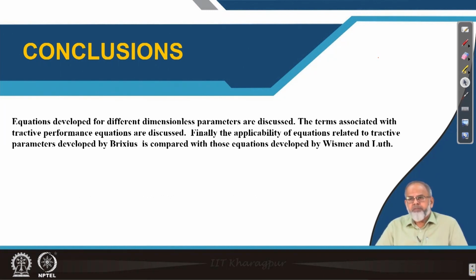Then we discussed the applicability of these equations, and we compared the Brixius equation with the Wismar and Luth equation, and what modifications can be incorporated in the developed equations so that they can be applied to radial ply tires. That's all. Thank you.